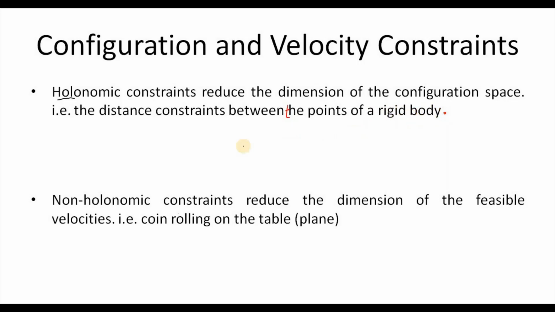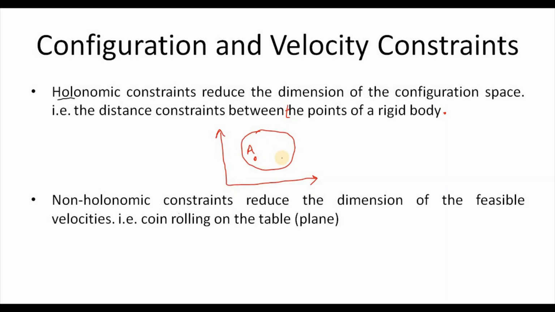If you remember the rigid body, we took the example of a coin here. We said, when we select point A here, you can select it anywhere in your configuration space. You have 2 degrees of freedom.